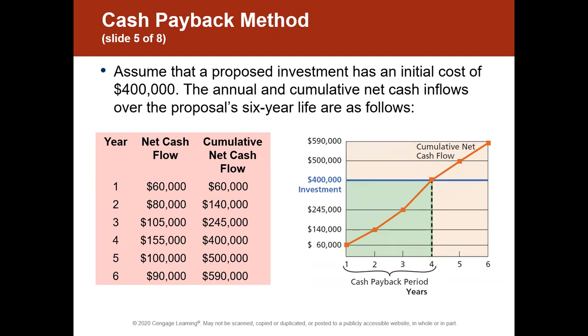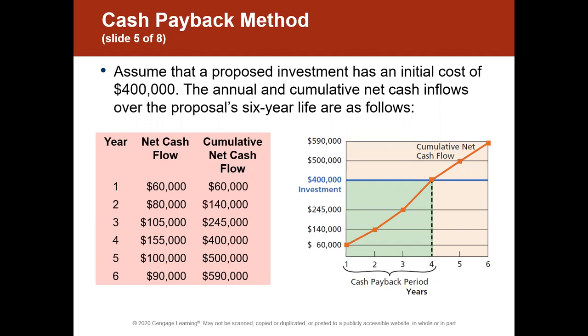And then after the second year, I still haven't paid back 260,000 of that investment. And then after the third year, I still haven't paid back, what, 155 of that investment. And then I'm going to make 155 in the fourth year. So my payback on that is 4 years. Does that make sense?